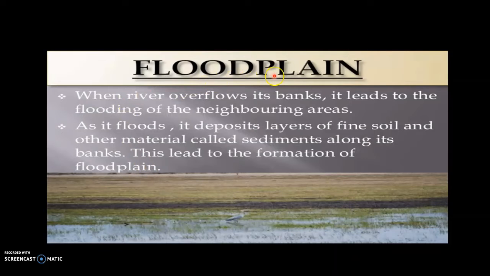So, what do you mean by floodplain? When a river overflows its banks, it leads to the flooding of the neighboring areas. As it floods, it deposits layers of fine soil and sediments along its banks, leading to the formation of floodplain.